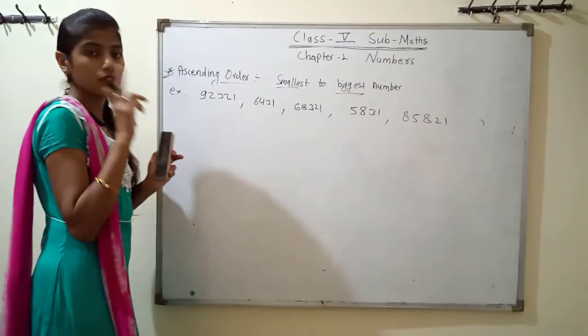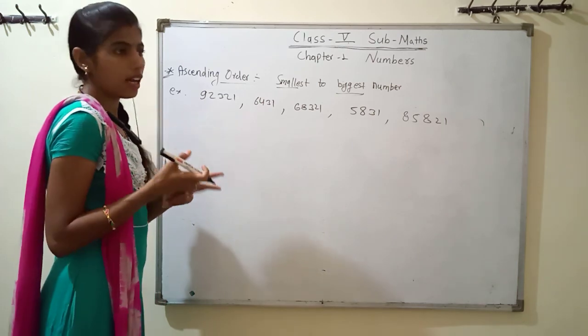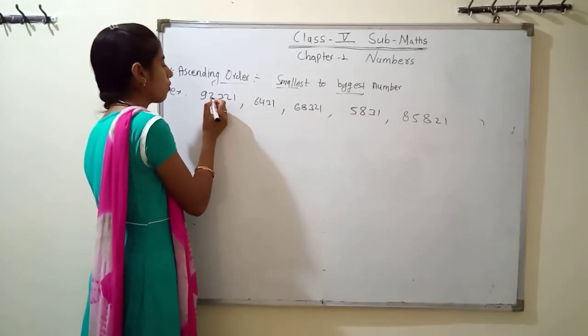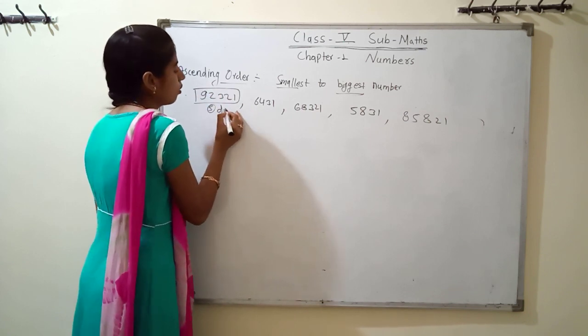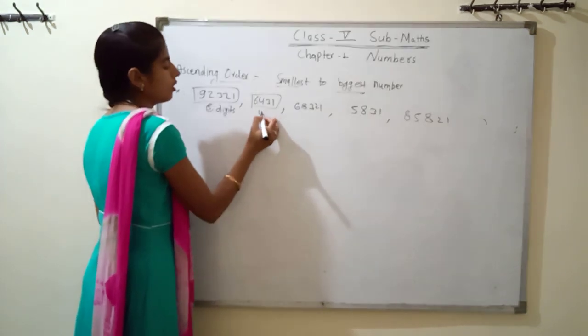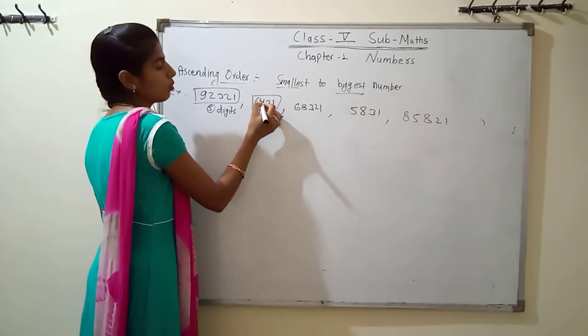Now we start here. First we compare by our first method. We see which number has 4 digits and which has 5 digits. First we count 1, 2, 3, 4, 5. Total is 5 digits. Second number is 4 digits, we count 1, 2, 3 and 4.